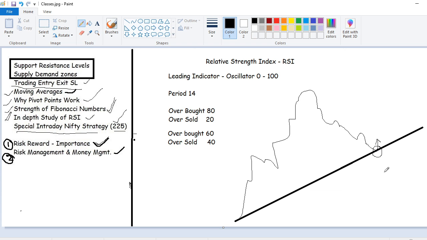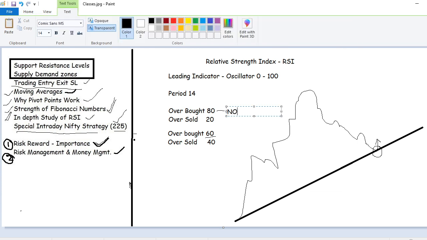Usually this is where we feel that it has to take the support and go high. And check the RSI. Till now what did we say here? Here we said no buy. Here we said no sell.